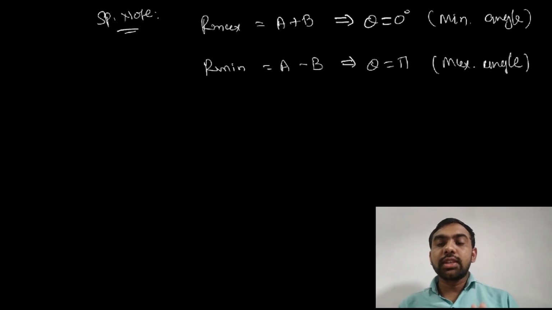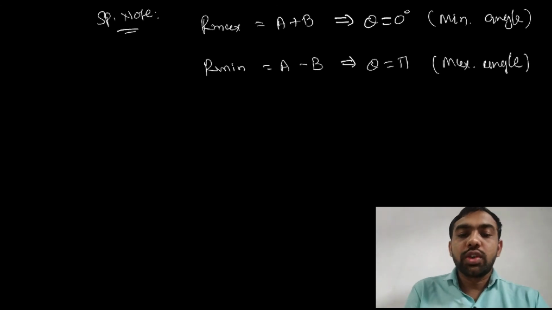So if you have two vectors and arrange them at any angle, the resultant must be between R maximum and R minimum.